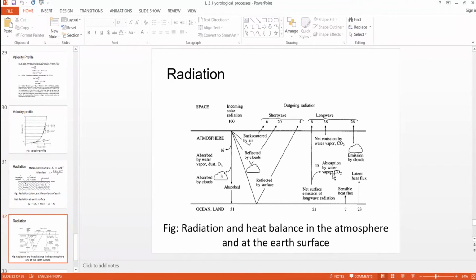The radiation absorbed by CO2 and water vapor goes back as 38%, and 6% of radiation from Earth goes back to space. So this is the radiation balance, and this is the first chapter.